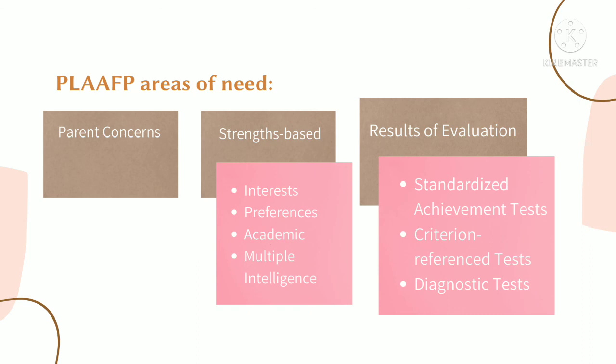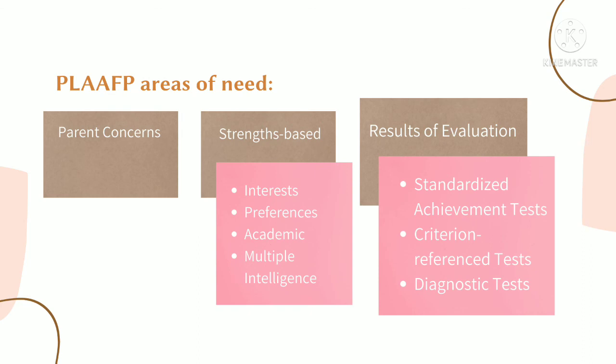If, however, a team feels it is necessary to include test scores in describing a student's present level of educational performance, they should make sure that the results are self-explanatory or explained and ensure that the impact of the disability on the student's performance is stated.